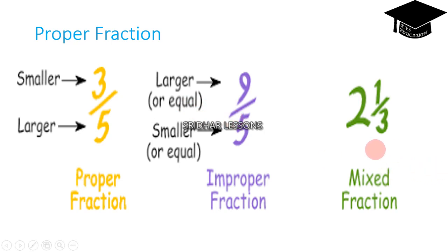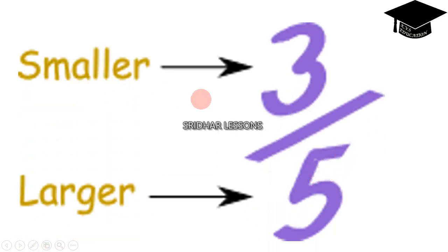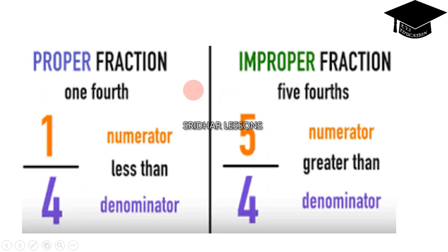Mixed fraction will be like this: 2 1 by 3, 2 and 1 by 3. So these are the proper fractions, improper as well as mixed fractions. Proper fraction, one more example: 1 by 4.